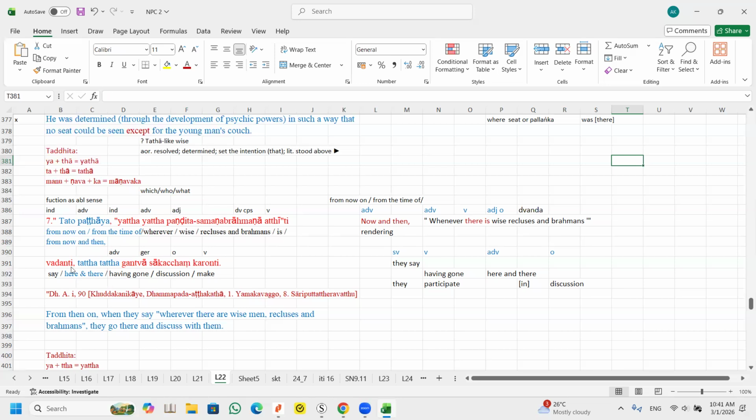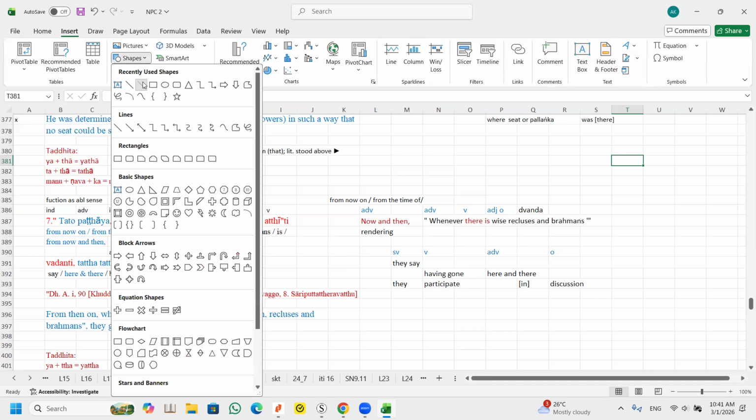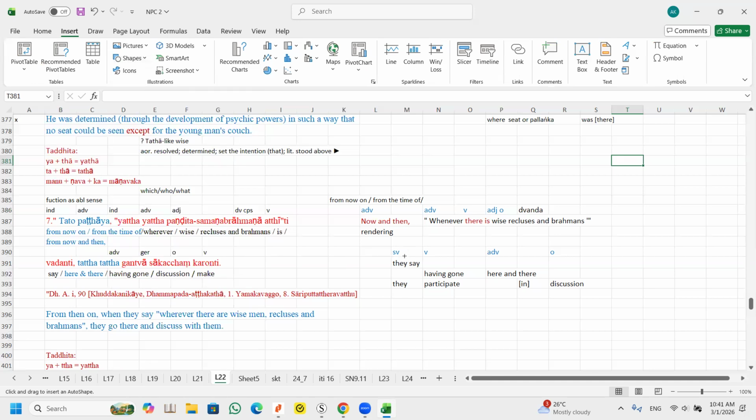Okay, now the second part. Here the vandati technically must appear before the quotation, even though it comes after this. That means if you translate this, they say. So now see clearly, this one should be here.